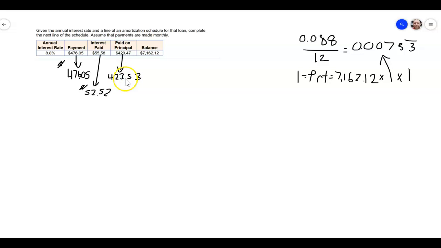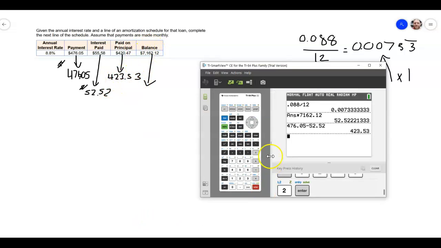Remember, we said the amount that we pay on principal should be going up. That's the amount that I paid that's actually decreasing the loan. And then my principal balance should be going down by this amount right here. So I just subtract this amount from the balance.